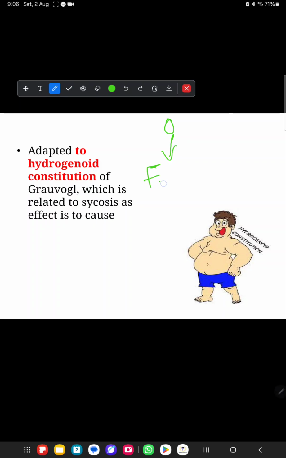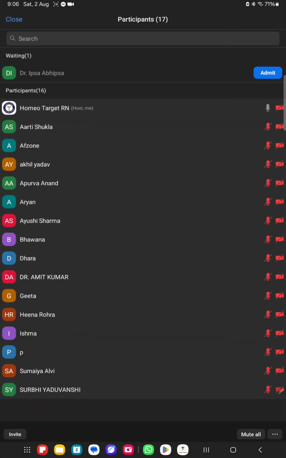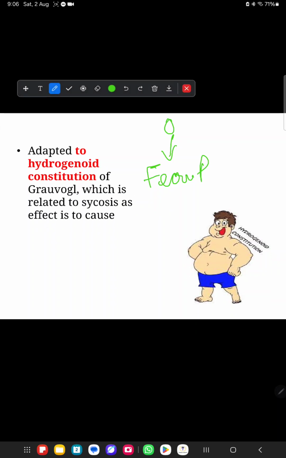Mainly you have to remember Ferrum phos, Aconite, and C for China, Graphites, A for Arsenic, and P for Petroleum.